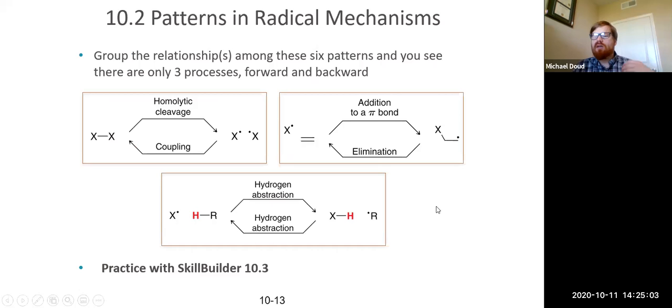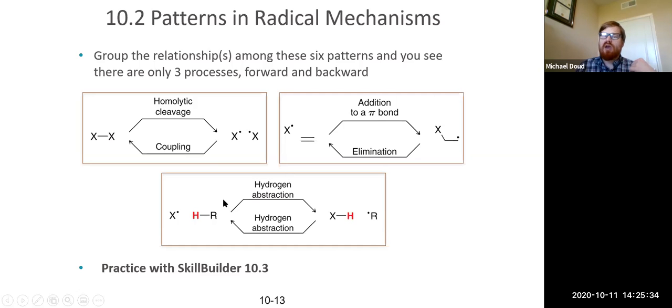Now I mentioned that these are basically three patterns that are split up. And sure enough, it's just exactly like that. There's really three processes, and it's either forward or reverse. So homolytic cleavage is where you go from the sigma bond to the two radicals. Coupling then takes those two radicals and reforms the sigma bond. You can take a radical and a pi bond. You do get the addition to a pi bond that gets you this radical here. But then you can also do the elimination. The elimination process just takes you back to the pi bond with a radical.